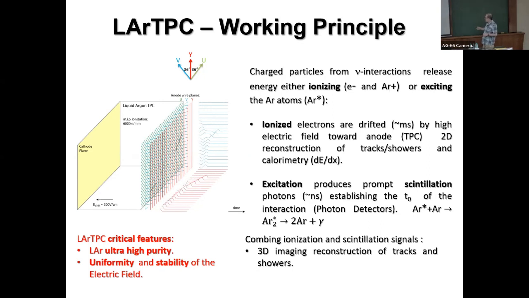They are going to be drifted and captured in this anode wire plane. With that information, you are going to be able to reconstruct the track and also do the calorimetry. Besides, from the excitation point of view, as Elisabetta mentioned yesterday, you are going to get the prompt scintillation photons, and these scintillation photons are going to give you the time the event starts.